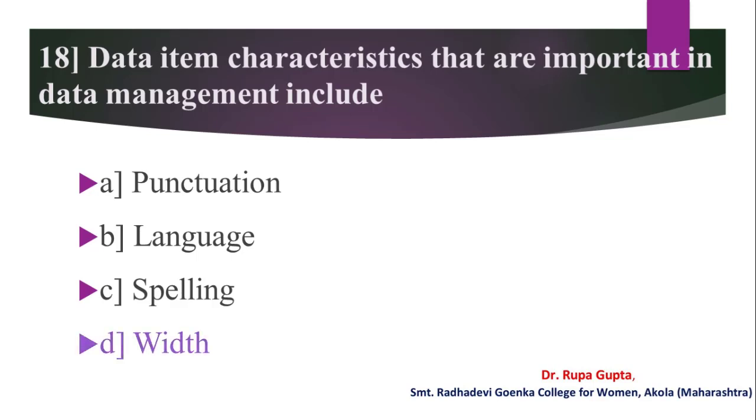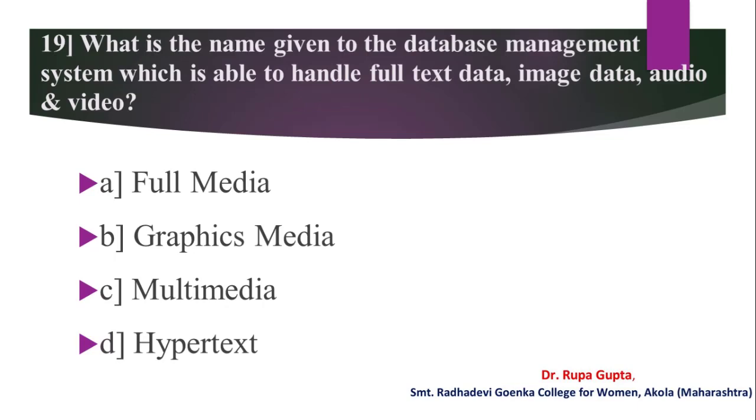Width. Question number 19. What is the name given to the database management system which is able to handle full text data, image data, audio and video? Your options are A. Full media, B. Graphics media, C. Multimedia, D. Hypertext.